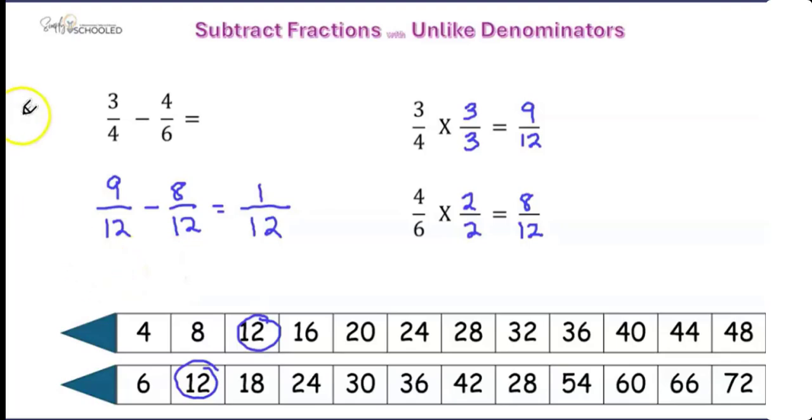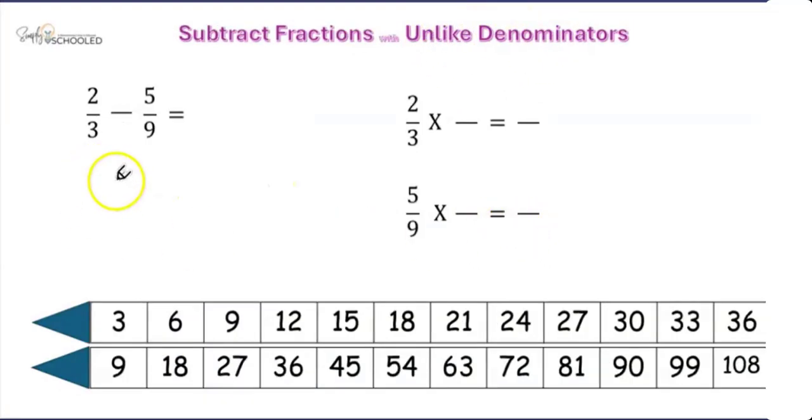And if you want to picture that, if you have a candy bar divided into 4 pieces and you have 3 of them, that's almost the whole candy bar. If you take that same candy bar and divide it into 6 pieces, but you get 4 of those, your pieces are going to be a lot smaller. So you really can subtract 3/4 minus 4/6 because 3/4 is larger than 4/6. It just doesn't always look like that when you first look at the problem.